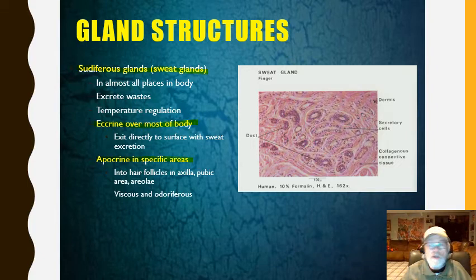Also around the eyelids, we'll find some of these apocrine sweat glands. Because they're of a slightly different composition, bacteria will actually act upon the secretions from apocrine sweat glands.